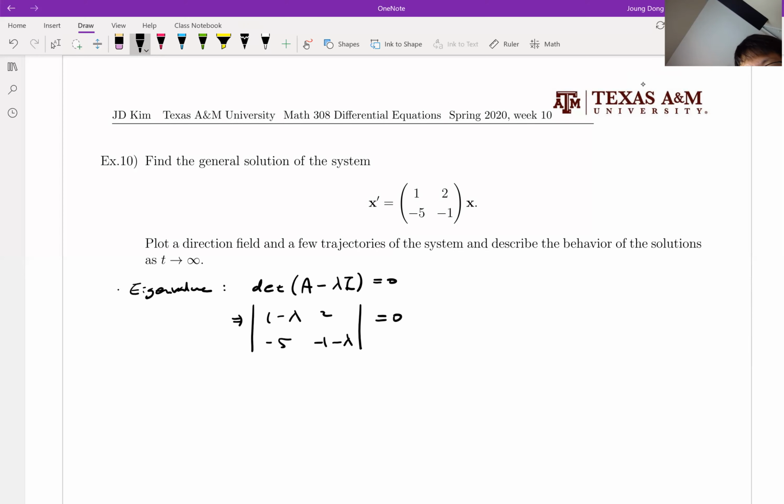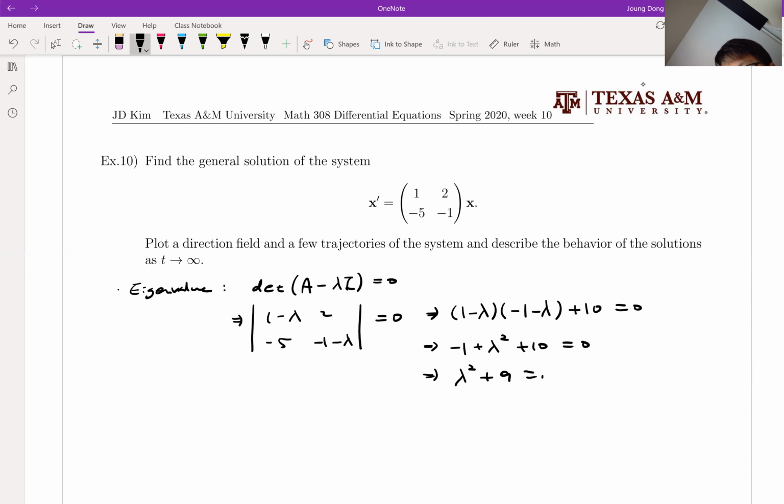Then do the determinant: 1 minus lambda times negative 1 minus lambda, plus 10 equals 0. By distribution, it is minus 1 plus lambda squared plus 10 equals 0. So lambda squared plus 9 equals 0, and lambda squared equals negative 9. Finally, my lambda is plus and minus 3i.